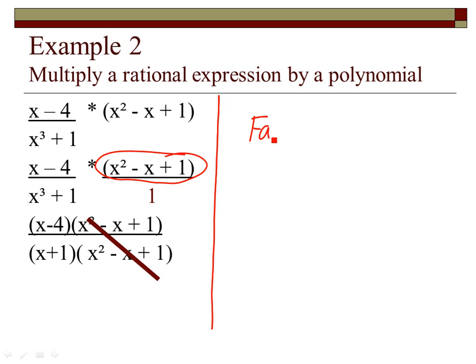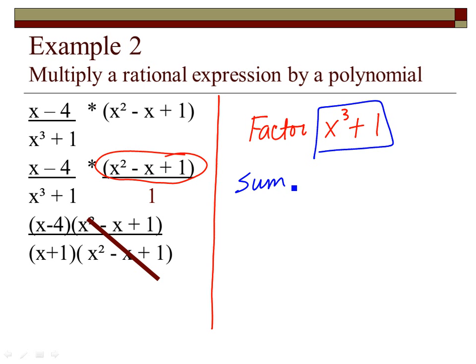We have to factor x cubed plus 1, and if you're really getting good at factoring, you should have already noticed that x cubed plus 1 is a sum of cubes. And yes, a sum of cubes is indeed factorable.